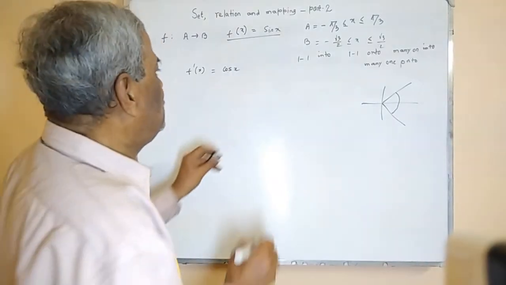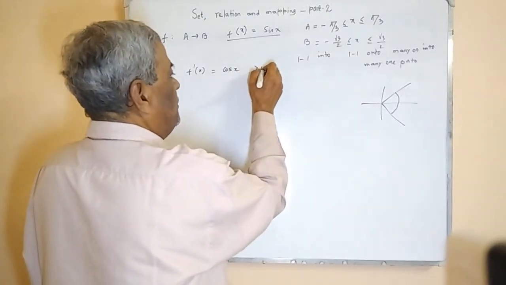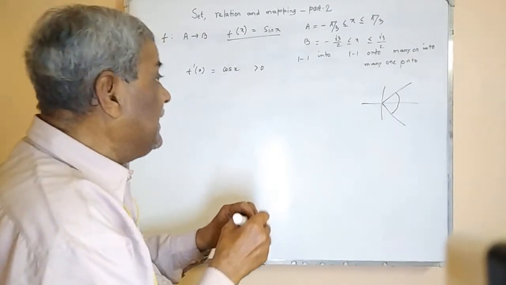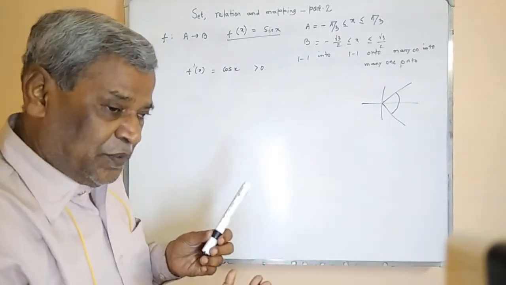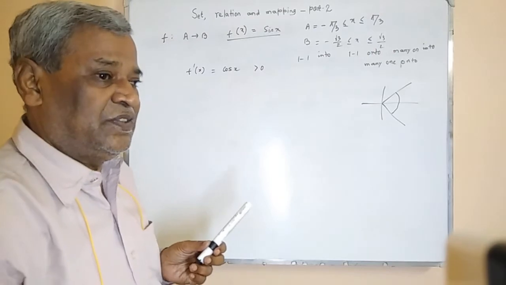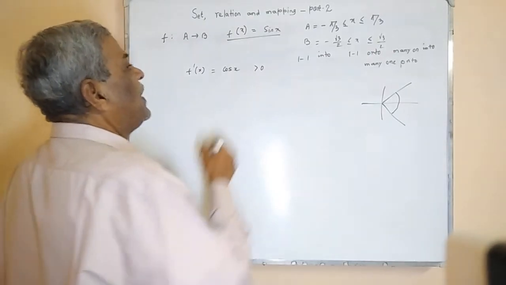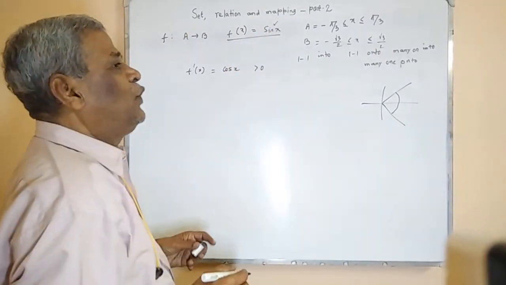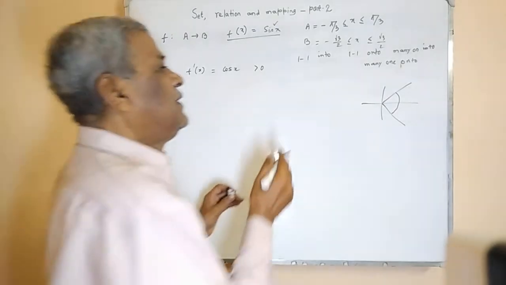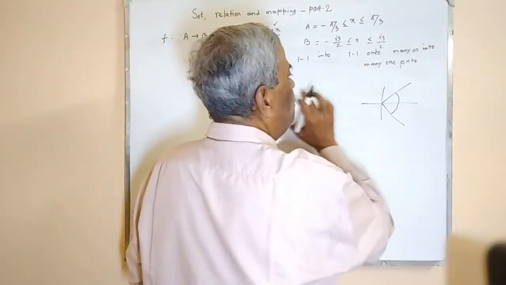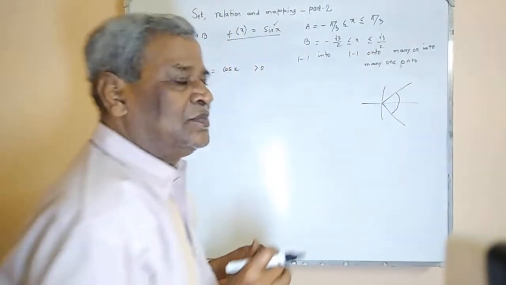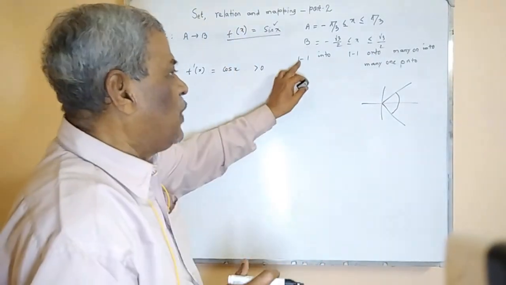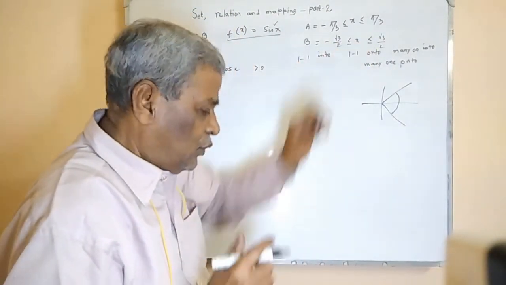So f dash x is positive, which means f(x) is an increasing function. So it must be one-one, either one-one into or one-one onto.